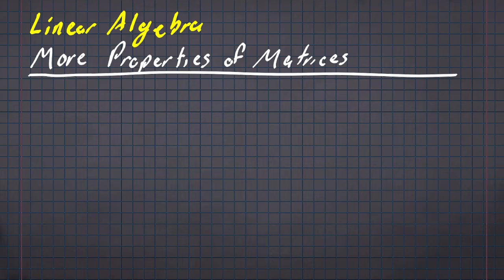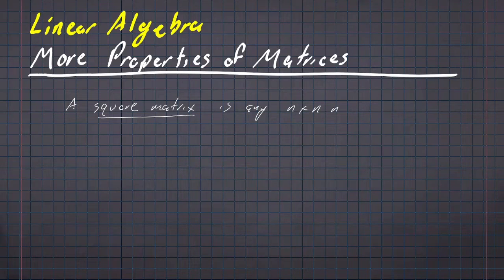Remember from our previous discussion that any n by n matrix, any matrix that has the same number of rows and columns, is called a square matrix.